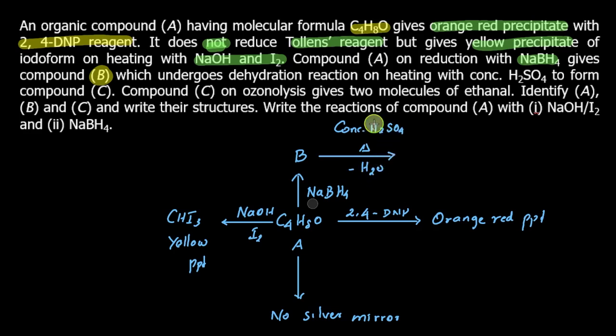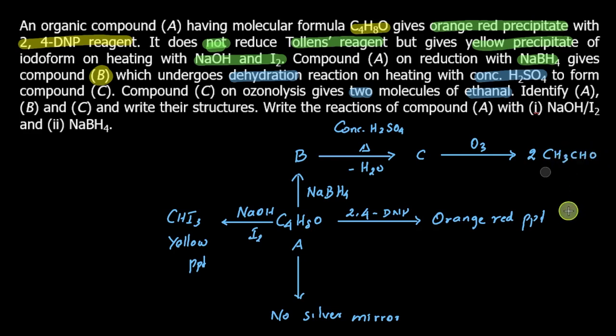Compound B undergoes a dehydration reaction when heated with concentrated sulfuric acid, and you get the compound C. This compound C on ozonolysis gives 2 molecules of ethanal.